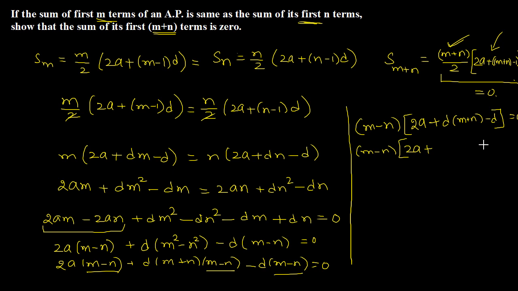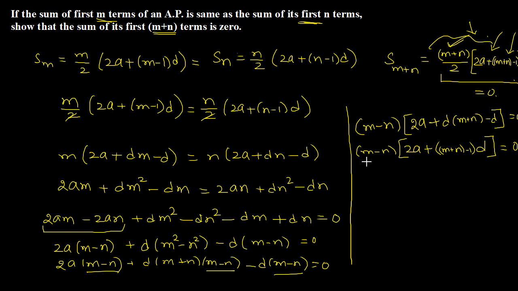If I take d common from these two, what will be left is m plus n minus 1. So I got this, but I didn't get (m plus n) divided by 2. That's fine, no problem. I cannot straight away say the sum of m plus n is 0.